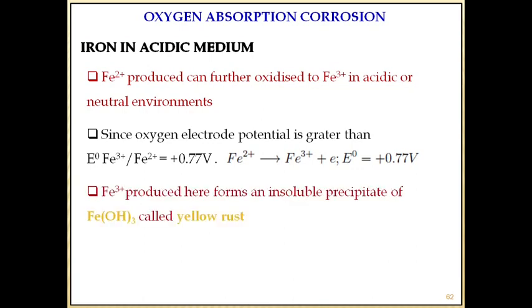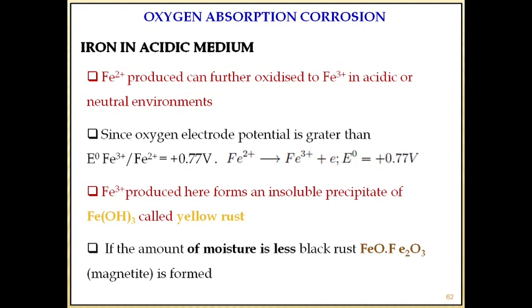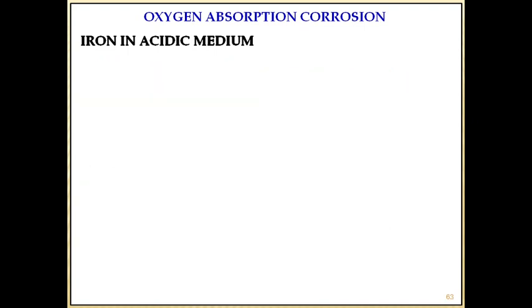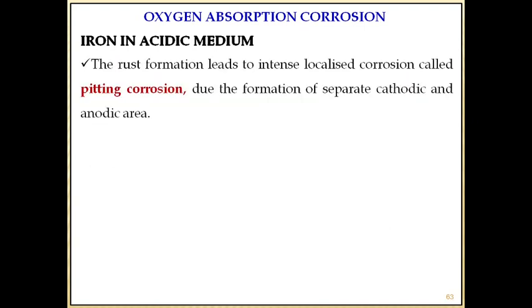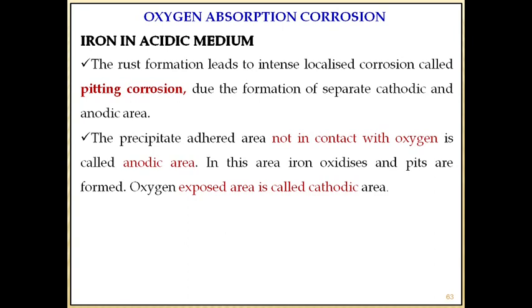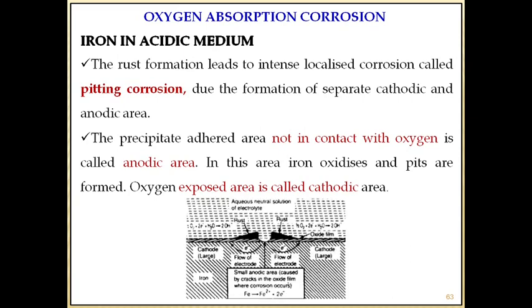So you will get yellow rust and black rust depending upon the amount of moisture, and that rust formation will lead to intense localized corrosion known as pitting corrosion. The precipitate adhered area is now acting as the anode and the oxygen exposed area is acting as the cathode.